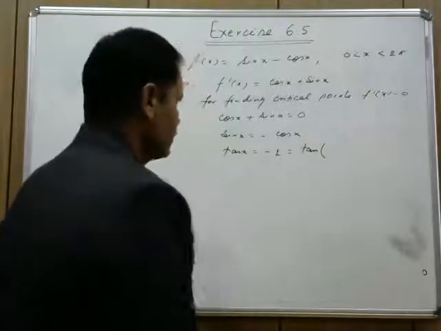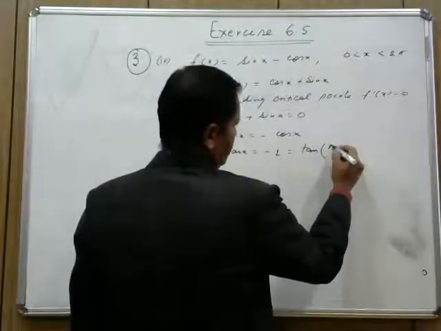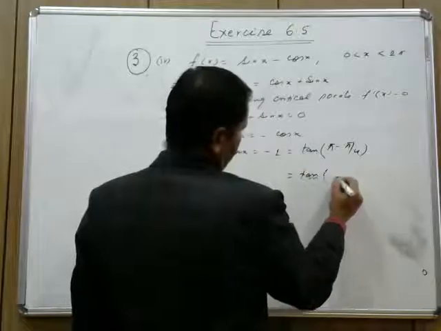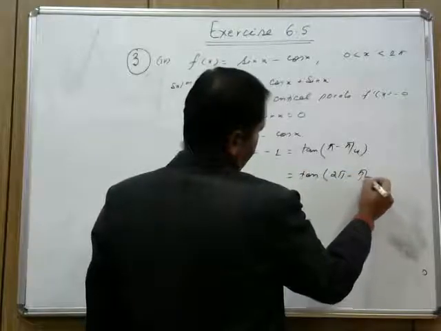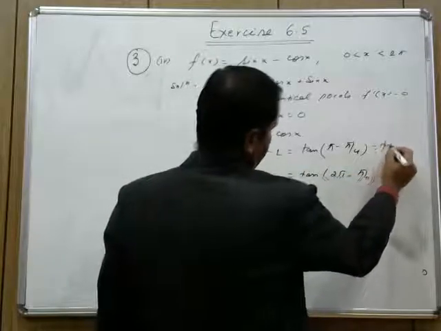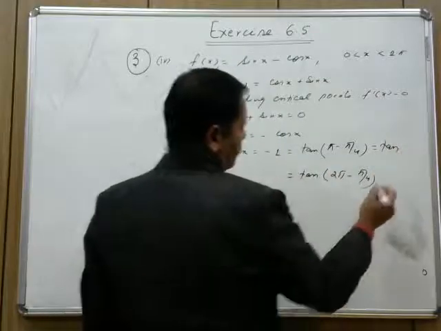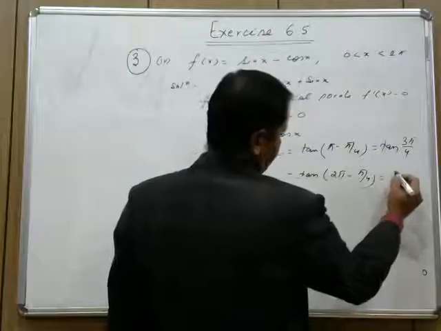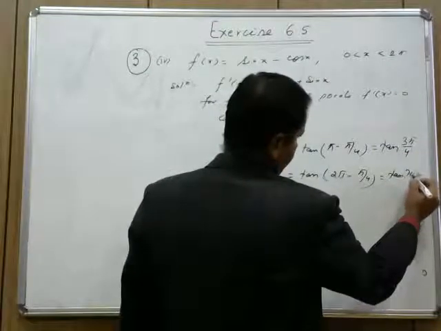In the second quadrant, we will write pi minus pi by 4, and in the fourth quadrant, we write 2 pi minus pi by 4. It will give you pi minus pi by 4 is 3 pi by 4, and this will be 7 pi by 4.